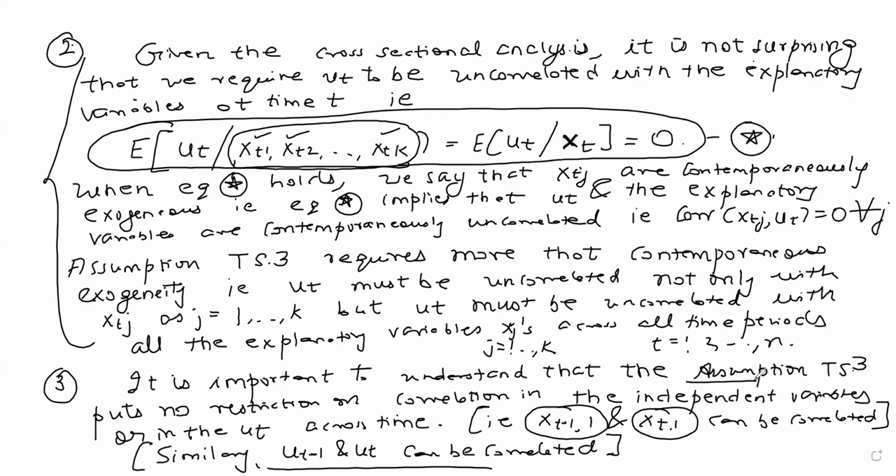I hope all students attending this lecture have understood assumptions TS1, TS2, and TS3 and have no doubts. I can now write a theorem. If I erase all this off, I can now write a theorem which gives me the unbiased property of the OLS, unbiasedness of the OLS.